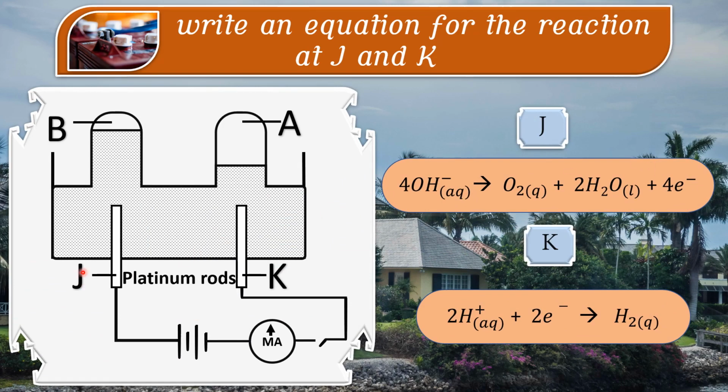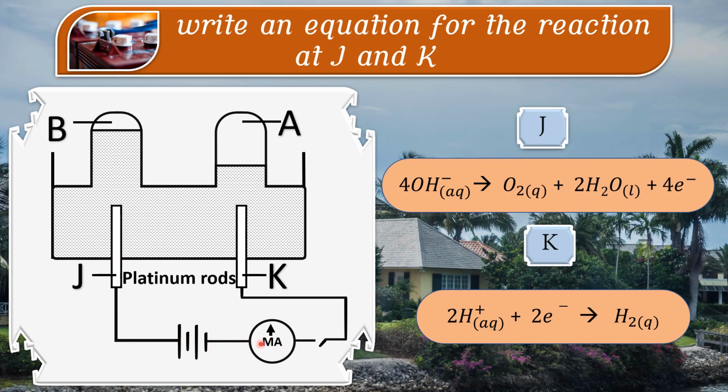At electrode J, we say that the hydroxyl ions are attracted towards this electrode, and when they are attracted there, they are discharged, and there is formation of oxygen gas and water, and 4 electrons are released.